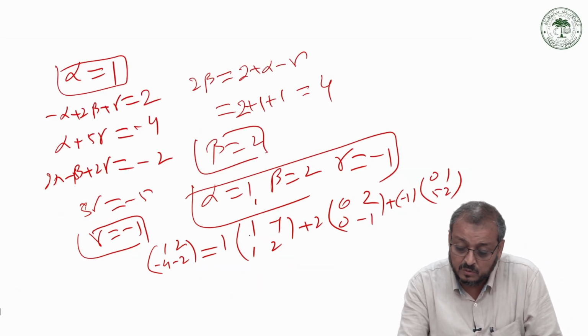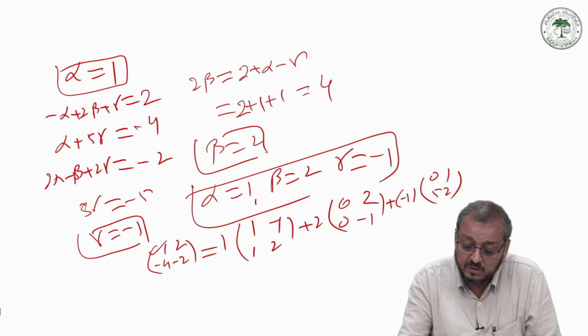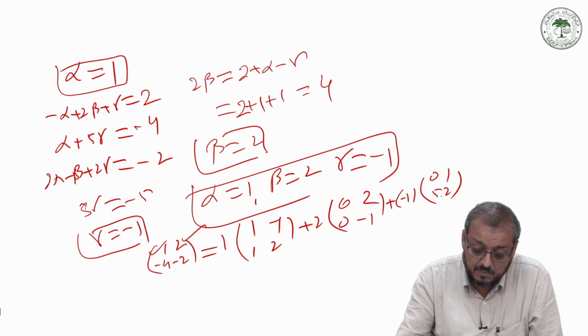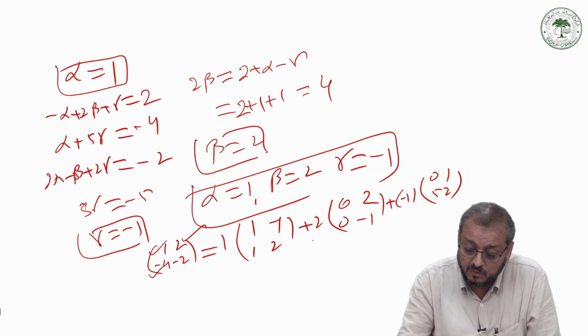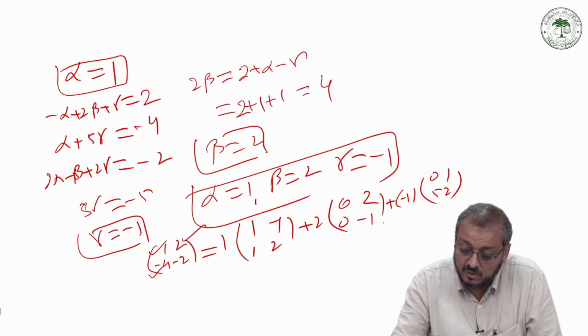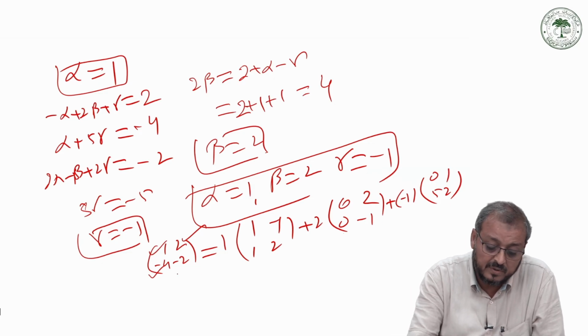Now 1 minus 1 minus 1 is equal to 2, then minus 5 plus 1 is equal to minus 4, and minus 2 plus 2 is... this is equal to minus 2, so this is clear.